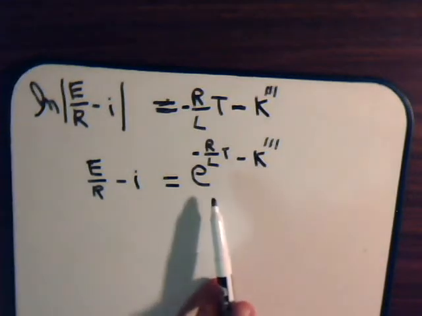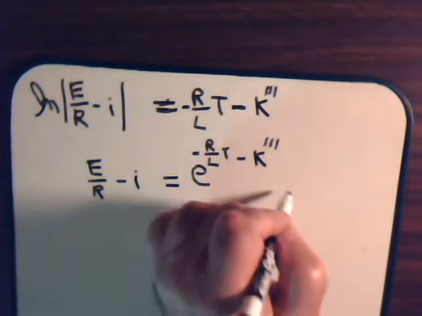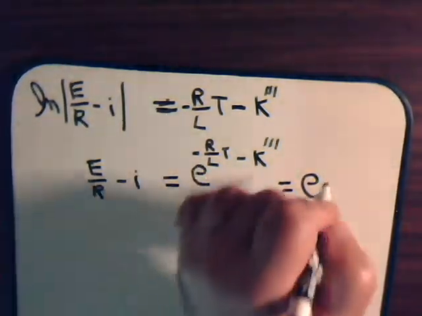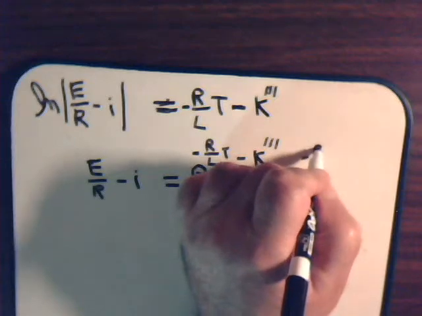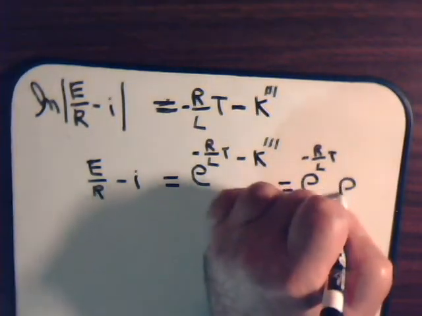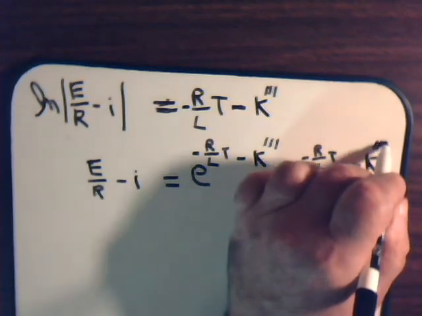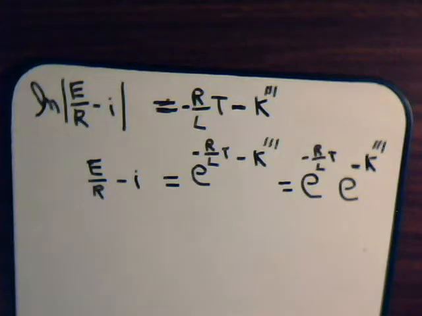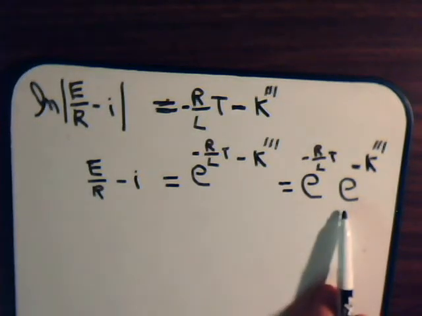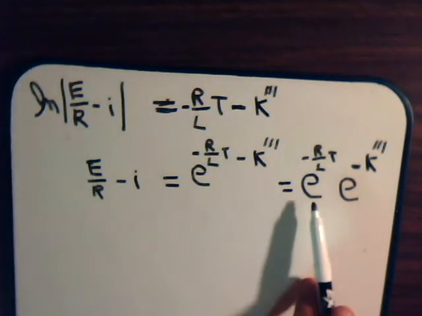But look here, then we have this minus this. Here we can write this as e to the minus R over L times T, times e to the minus K, like this, because multiplying these together is the same thing as adding the exponents.